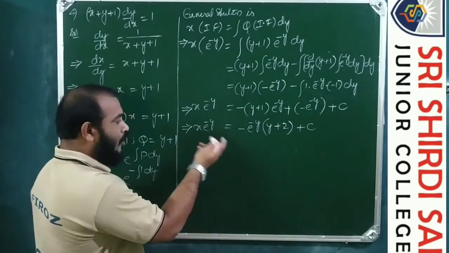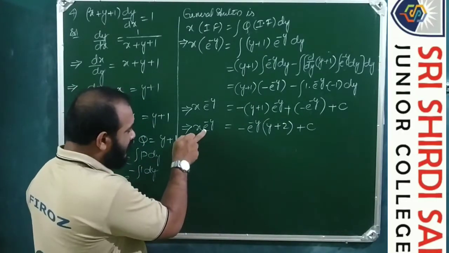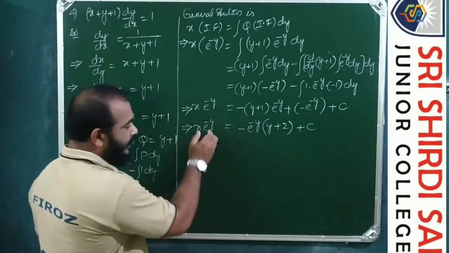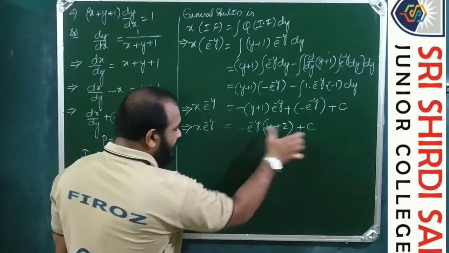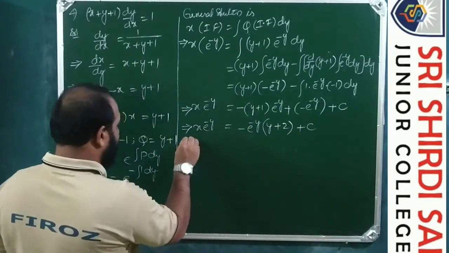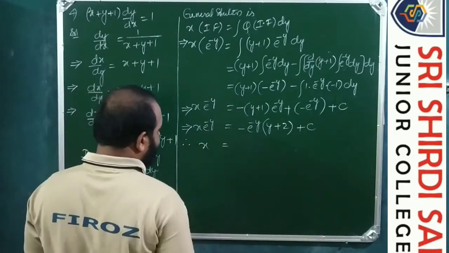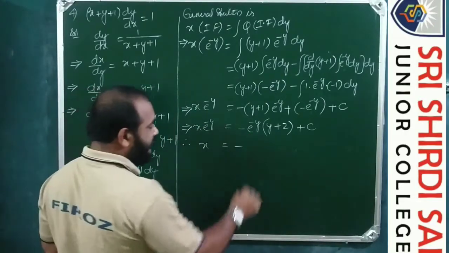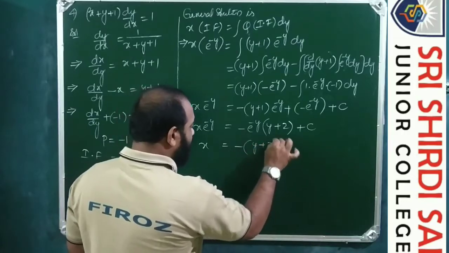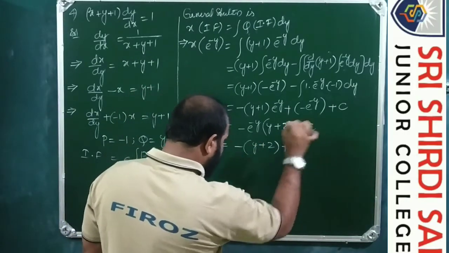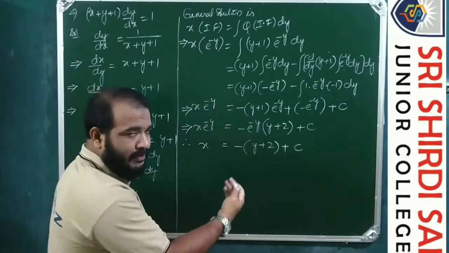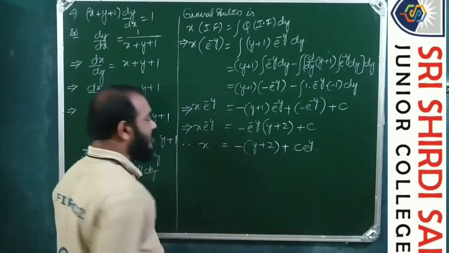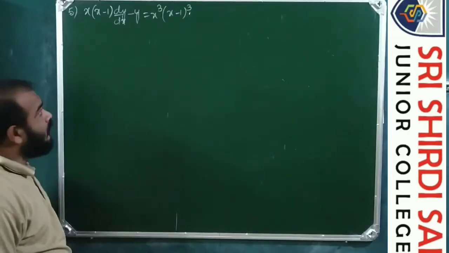Otherwise, you may also understand it as transposing e power minus y to the other side, dividing this term as well as this term. So therefore x is equal to minus e power minus y by e power minus y gets cancelled, so y plus 2, plus c by e power minus y. 1 by e power minus y is e power y. This is the required solution.